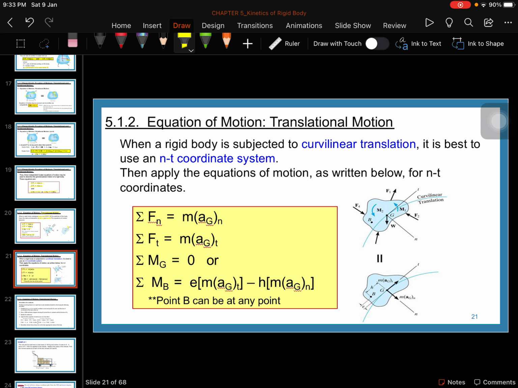So Fn equals m(aG)n, Ft equals m(aG)t, and the summation of MG equals 0, or when at point B, the summation of moment at point B equals m(aG)t times h minus m(aG)n times e. So here are the h and e.